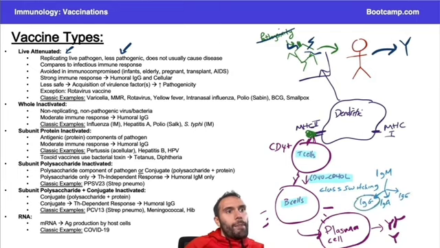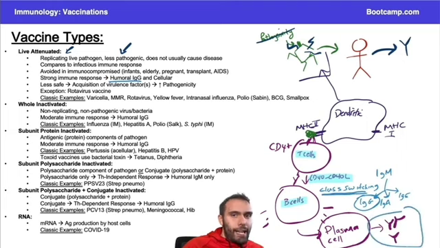Now, when we're talking about a memory response, we're primarily talking about IgG antibodies, especially in these simple, straightforward board questions. So when I say that these helper T cells go on to activate these B cells and they have class switching, what we would expect to see is a strong immune response from this pathogen because we're going to generate IgG antibodies because we had class switching.